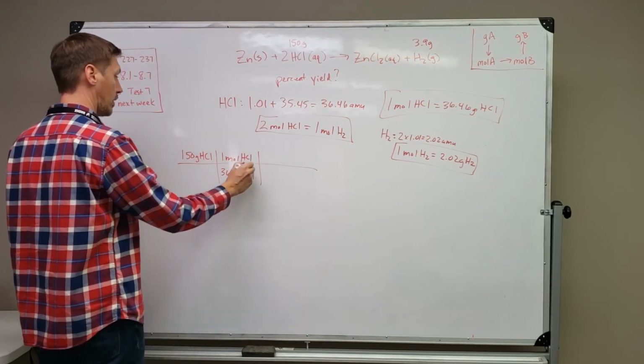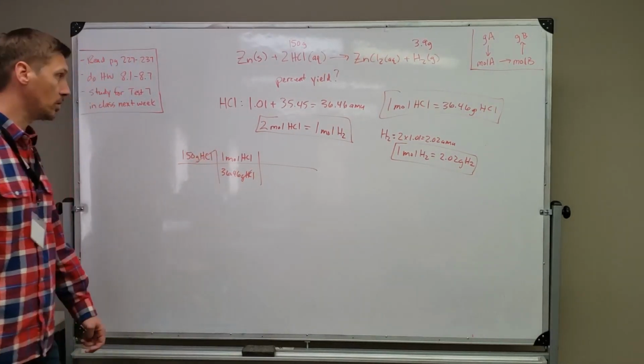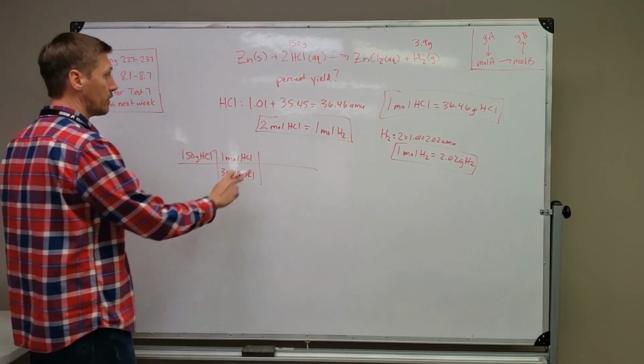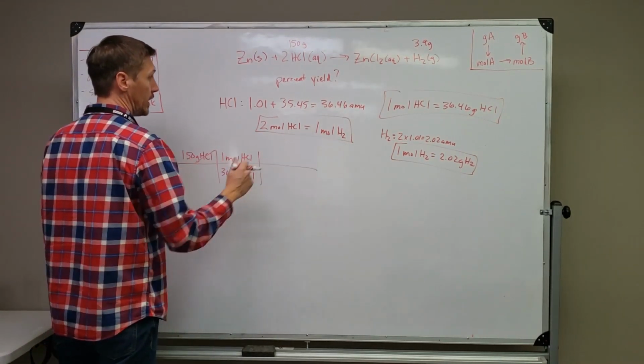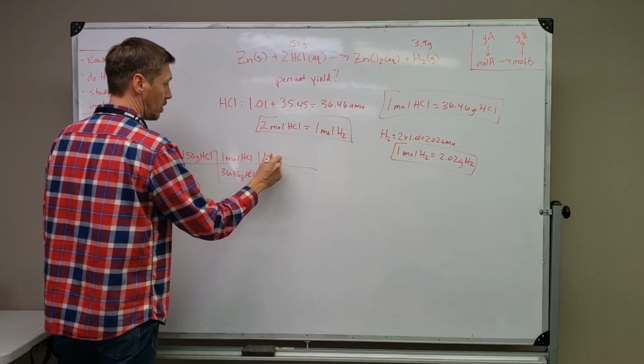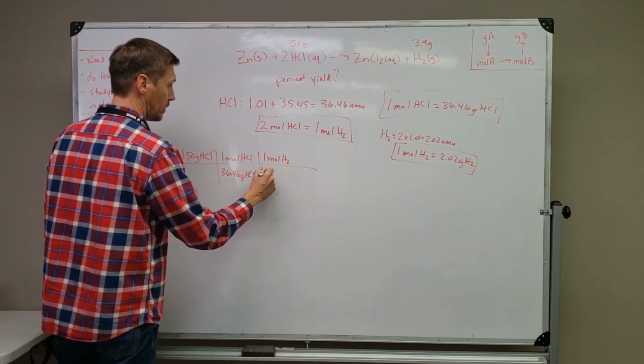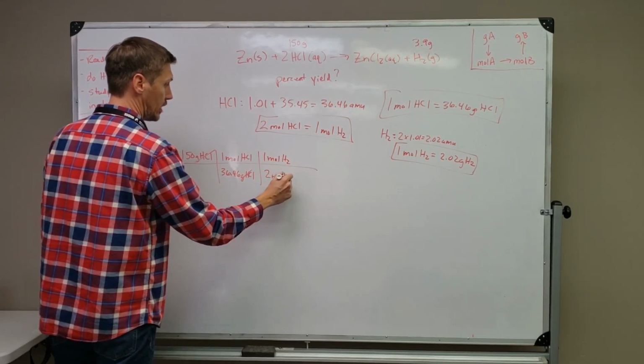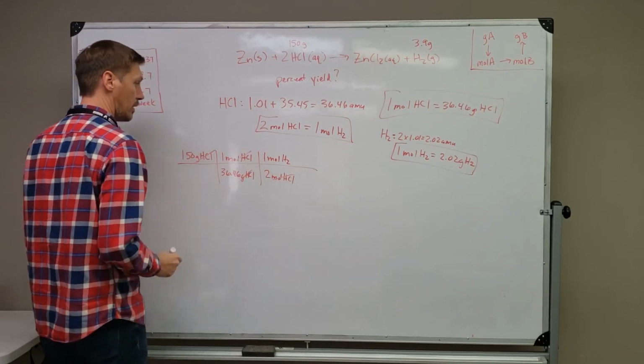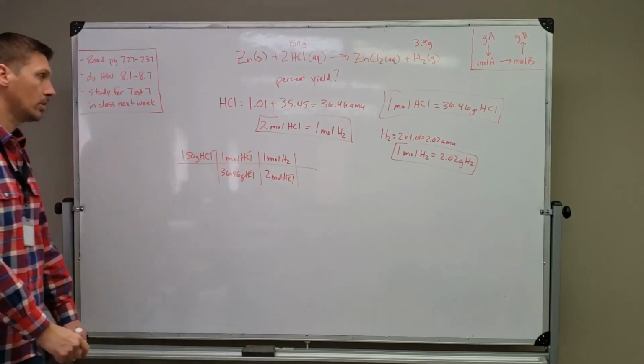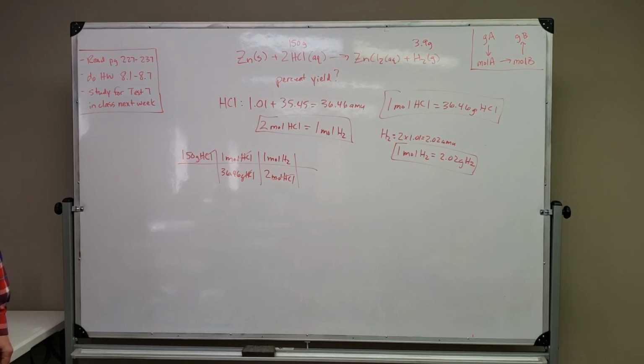All right, grams of HCl cancel out, leaving us with moles of HCl. Then we can convert from moles of HCl to moles of H2 using that relationship. For every 1 mole of H2, we know we have 2 moles of HCl. So those will cancel out. We're left with moles of H2.